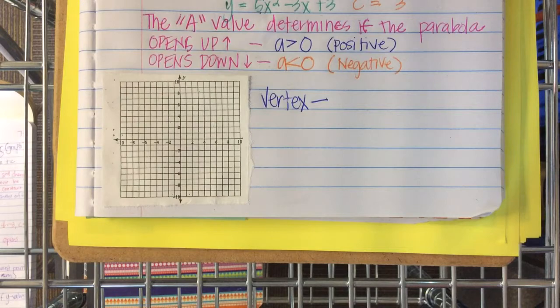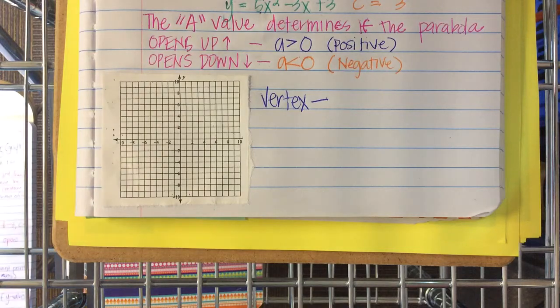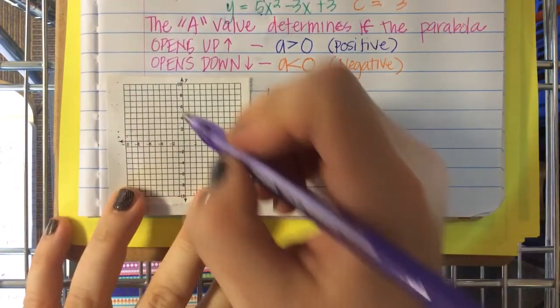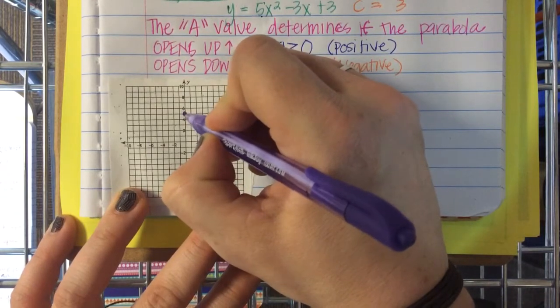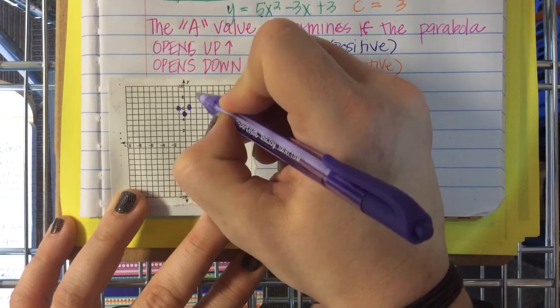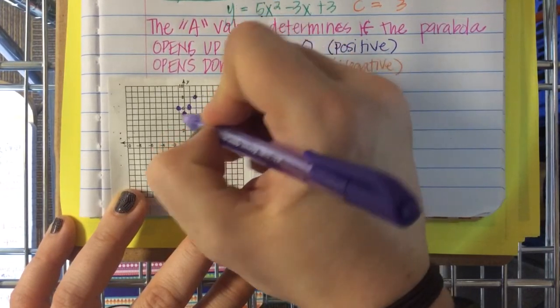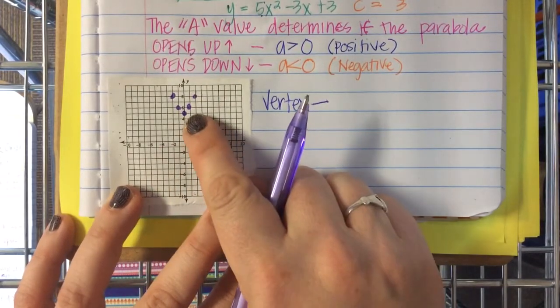We are going to find some information from a graph. So once you have this glued down on your paper, I want you to plot, and I'm going to tell you how to do this an easy way. This is a parabola.